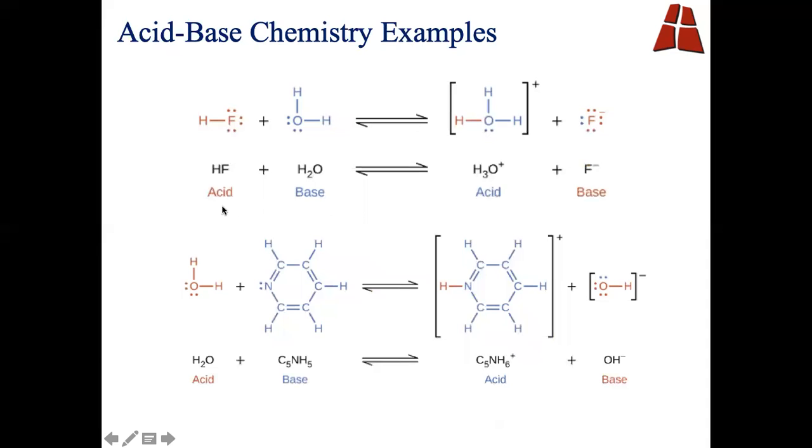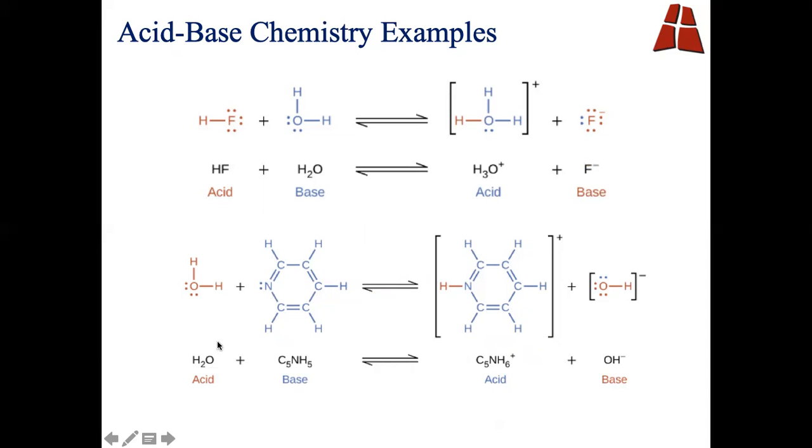In our top reaction, we have HF, hydrofluoric acid, reacting with water, donating a proton. Again, H2O would be our Bronsted-Lowry base here. And then our H3O plus, which is a molecule called hydronium that we'll be talking quite a bit about this semester, is our conjugate acid, and fluoride is our conjugate base.